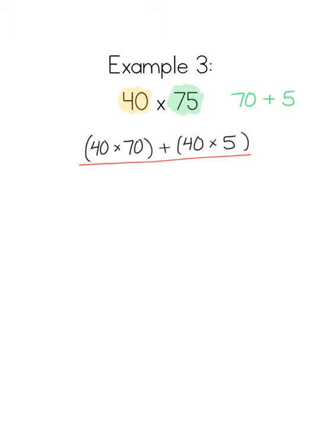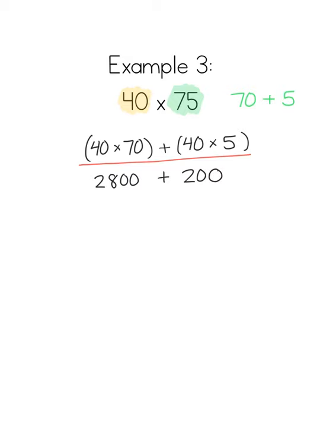My next step is going to be to multiply. 40 times 70 should have given you 2,800 because 4 times 7 is 28 and there are 2 zeros, 1 in 40 and 1 in 70. When I do 40 times 5, I know that 4 times 5 is 20 and there's 1 zero.